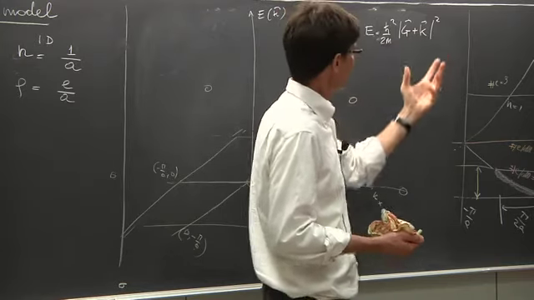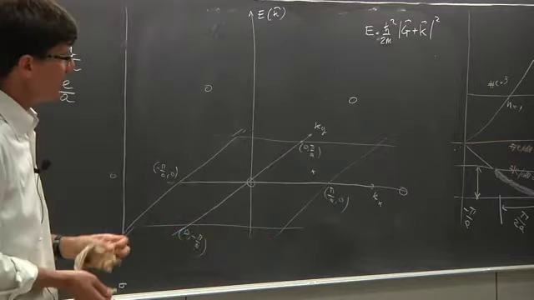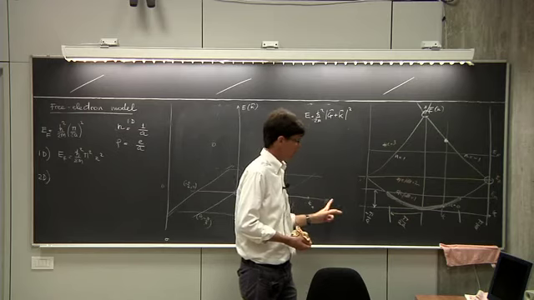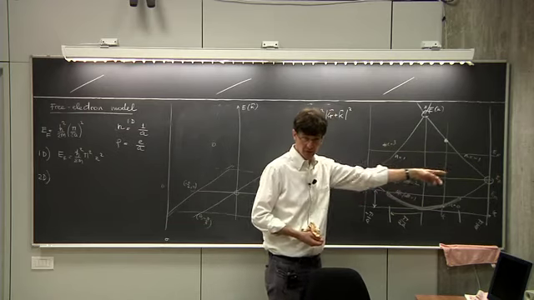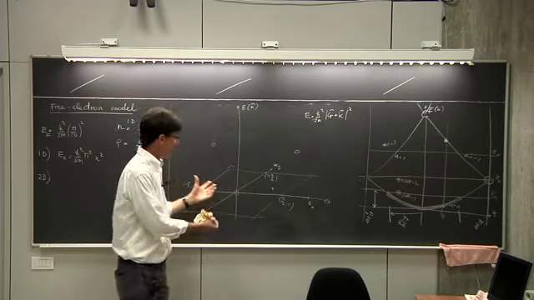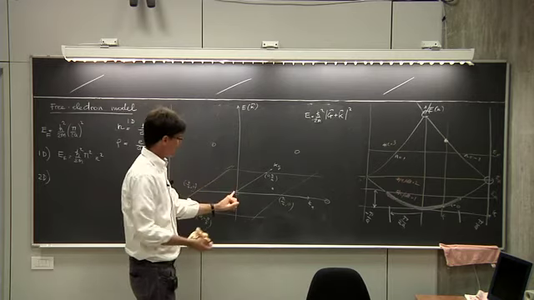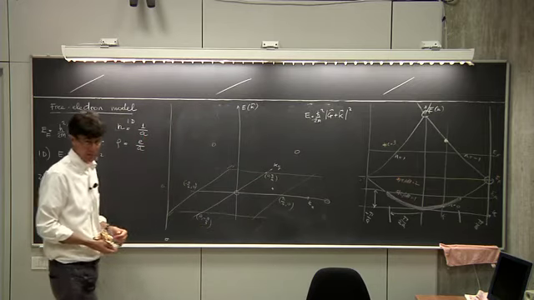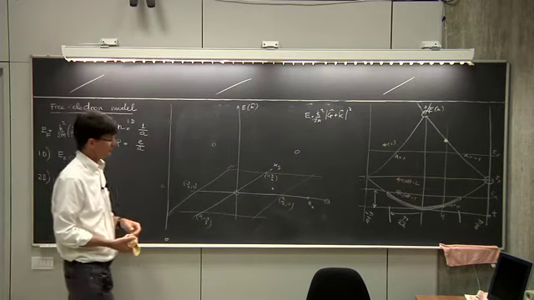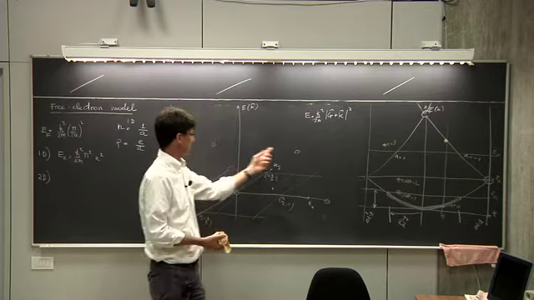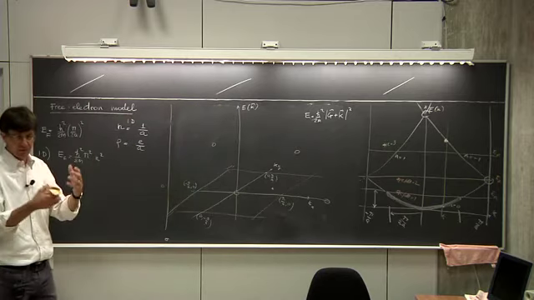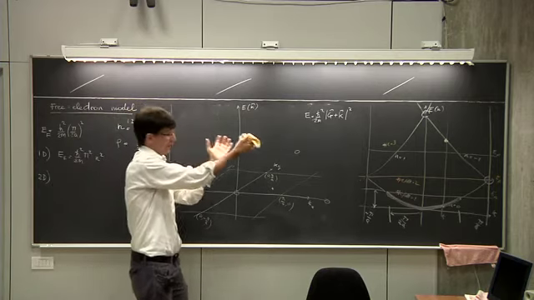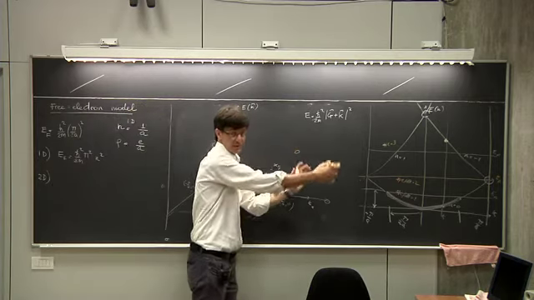Okay? So essentially, instead of having a set of parabolas centered at 0, minus 2 pi over a, plus 2 pi over a, plus 4 pi over a, and so on and so forth, I have now a set of parabolas centered at all the reciprocal lattice points in 2 dimensions. The one at g will be centered at minus g, but essentially, for every reciprocal lattice point, there will be a 2-dimensional parabola coming out of that.